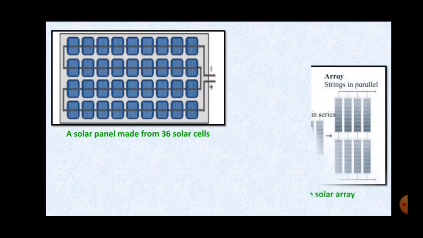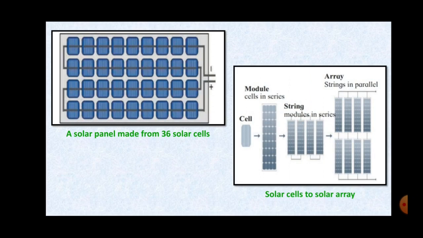So in this way, many solar panels are connected in series as well as in parallel to generate the required amount of electric current as well as the required potential difference. Now in the picture you can see that a solar cell is made. The solar cell is the basic unit in a solar electric plant, like we studied that the cell is the basic structural and functional unit of any organism.